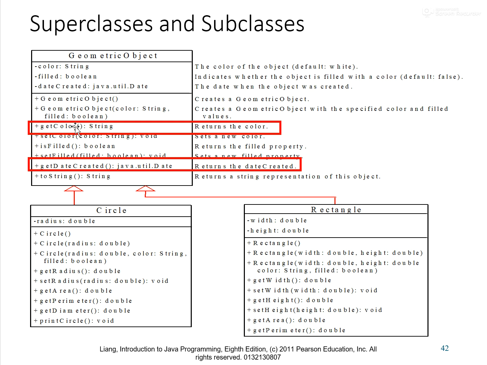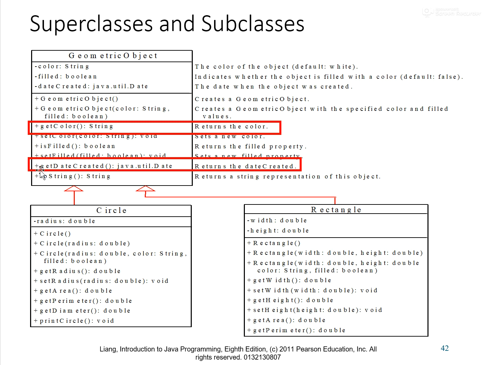Take note of these 2 methods of the geometric object superclass, getColor and getDateCreated. They're public, as you can see from the plus sign in front of them. And because geometric object is a superclass of circle and rectangle, these methods, like all of the other public methods, are inherited by circle and rectangle, which means I am allowed to call the getColor method of a circle object.